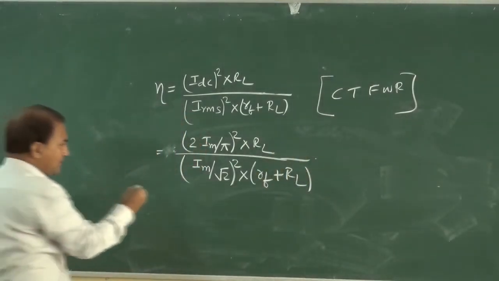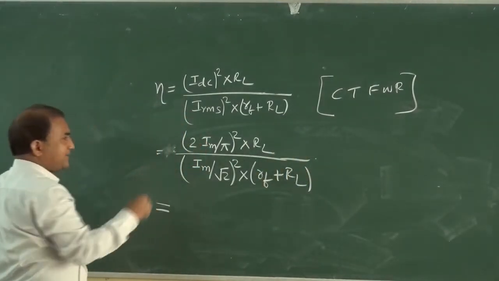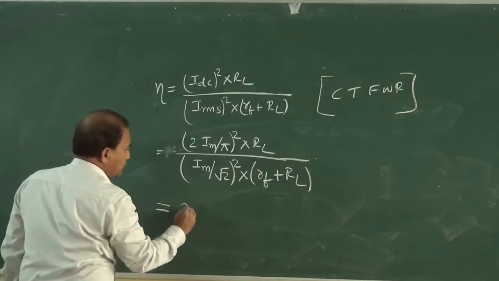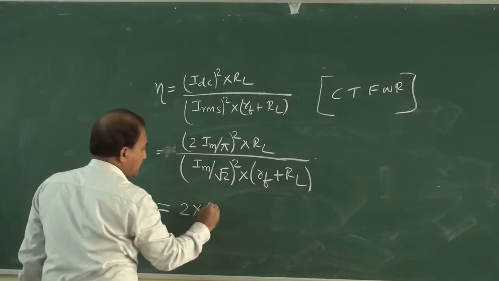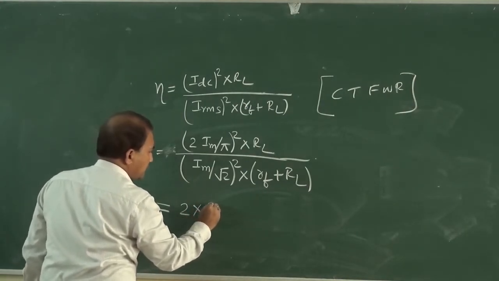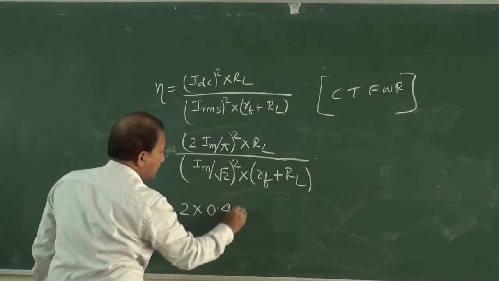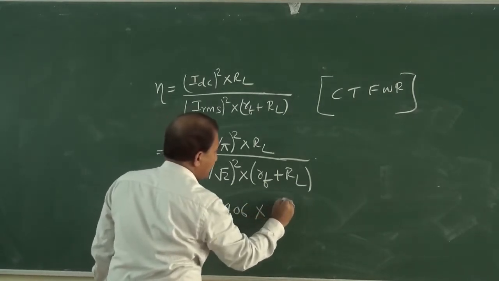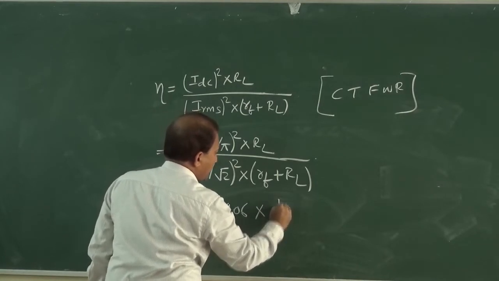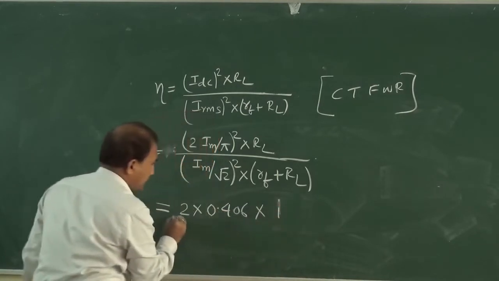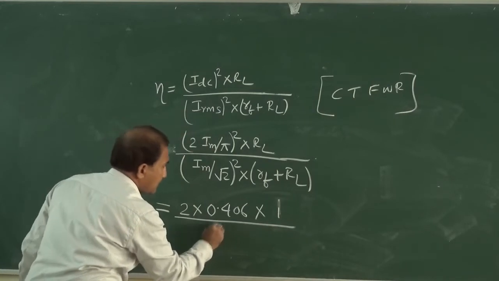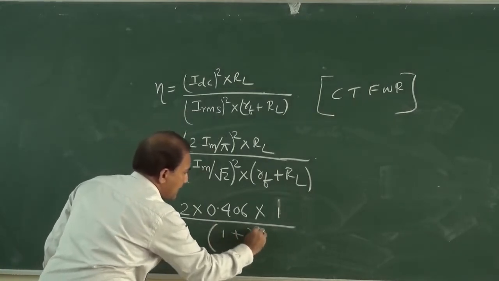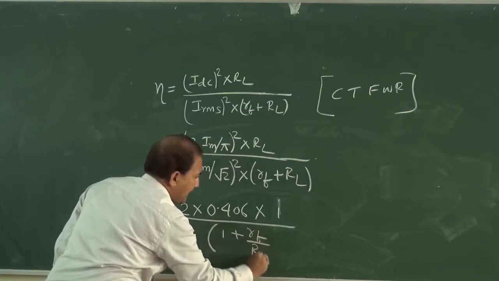After the final calculation, it will be like this. Efficiency is 2 times 0.406 into 1 divided by 1 plus RF by RL.